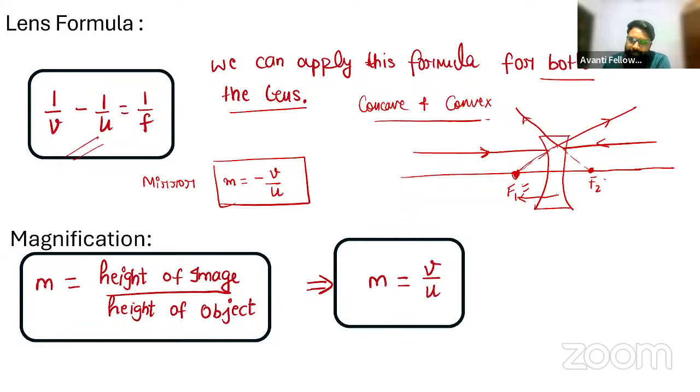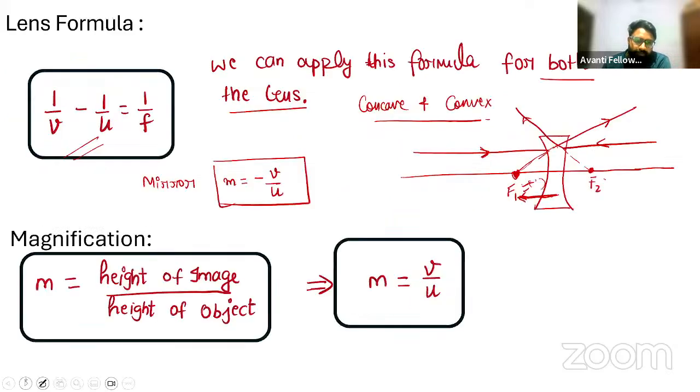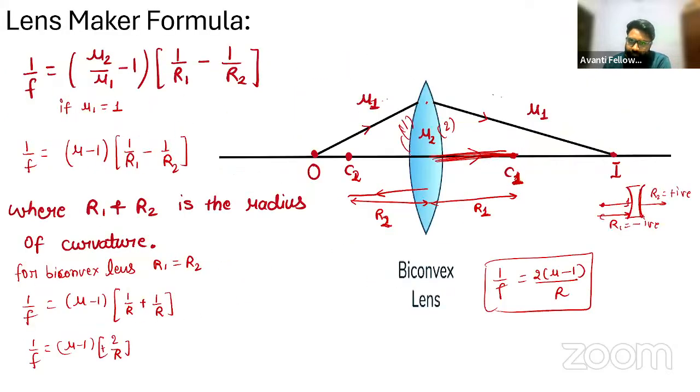F1 is coming in this direction which is the direction of reflected rays basically. So F1 is considered as negative, but in case of this, the primary focus is coming on this side, which is the direction of incident ray, which is positive. तो इसका जो फोकस होता है दैट विल बी पॉजिटिव, कन्वेक्स लेंस का. और कनकेव लेंस का जो फोकस होता है वो नेगेटिव होता है. इसी हिसाब से हम इनकी पावर भी डिसाइड करते हैं.